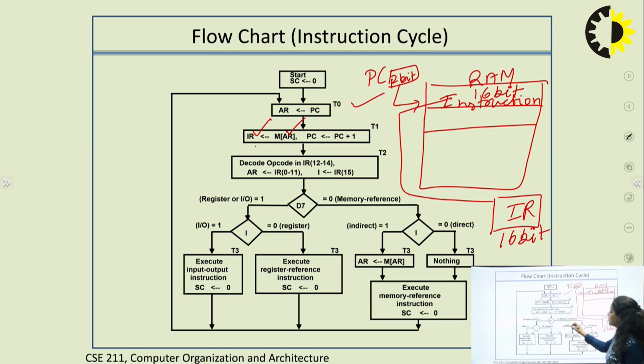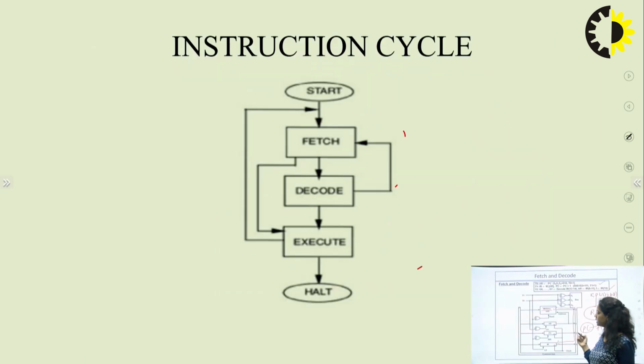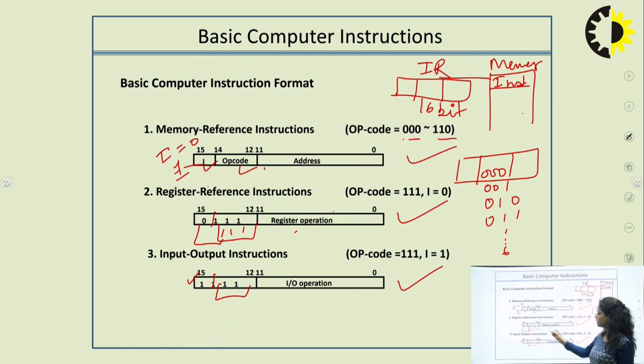And then decoding it. Now here, what is the meaning of D7? D7 means we are just taking a look at the opcode bits. As we saw earlier, the opcode 000 to 110 will be for memory reference, and 111, the binary code of the number 7, is for the other types.